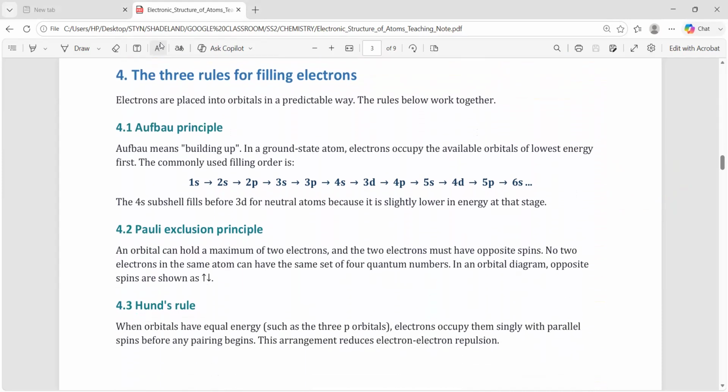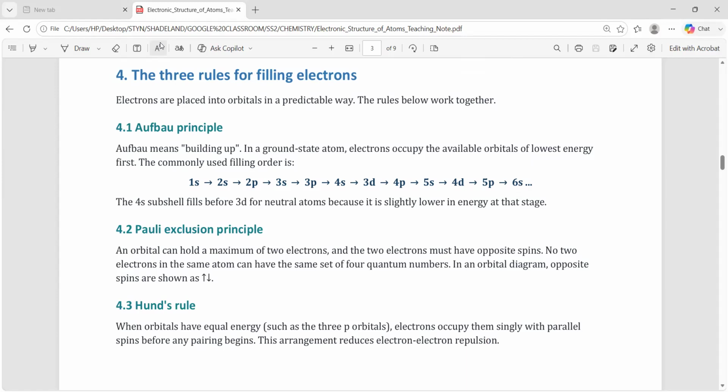So quickly, without wasting time, I want us to look at the 3 rules for filling electrons into orbitals. There are 3 rules for filling electrons into orbitals. The first of the 3 rules is the Aufbau principle. The Aufbau principle. Chinyere, please unmute yourself and state this Aufbau principle.